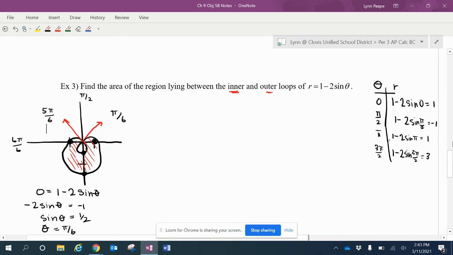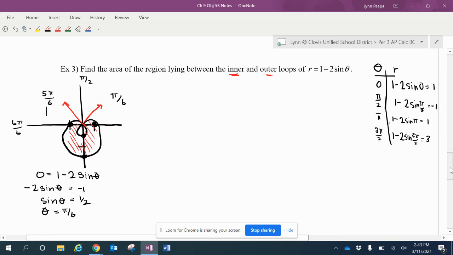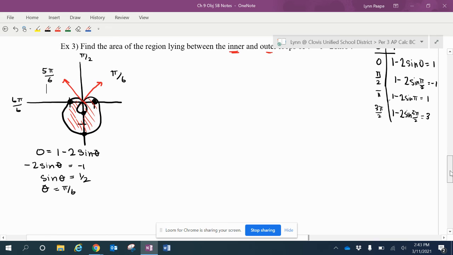Okay, so now I'm going to pull this one apart just like I did previously, so we can see what are the 2 things that we're looking for. So if I look at the section between pi over 6 and 5 pi over 6, that would give me just my inner loop.